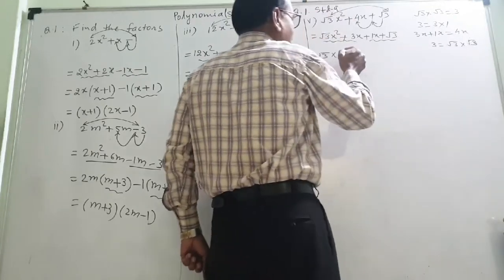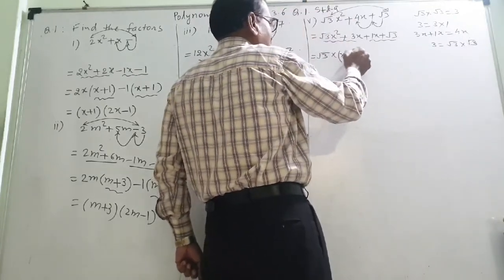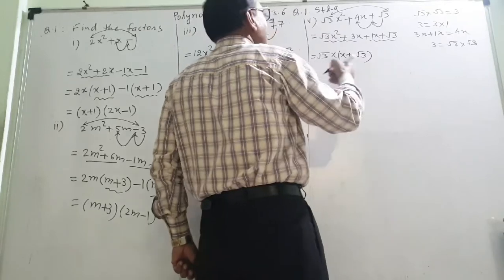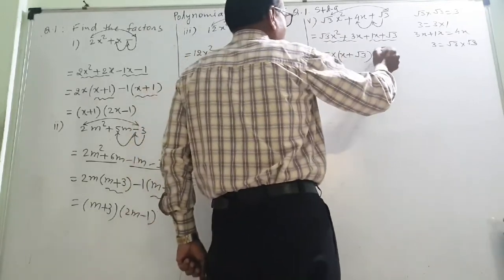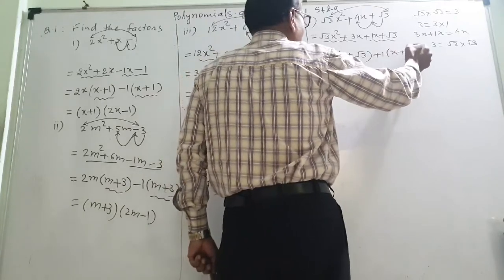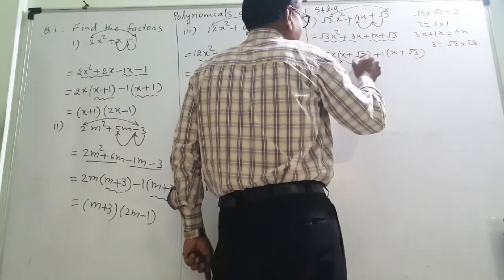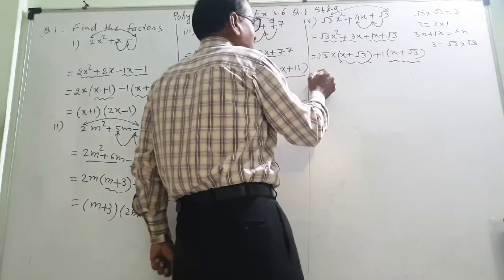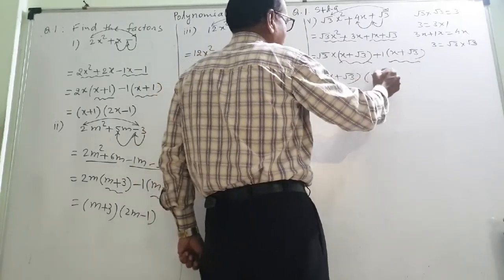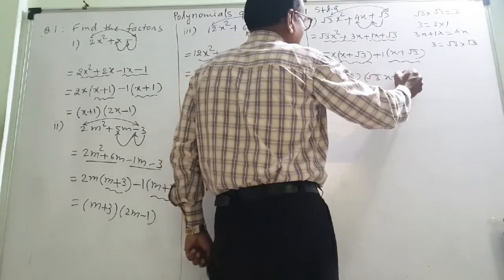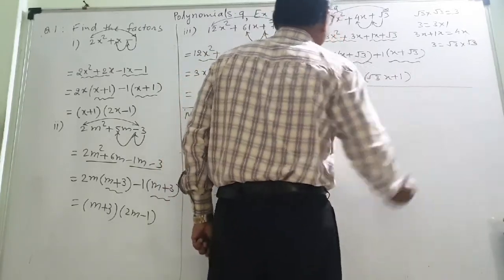This root 3 will remain. So here x plus here root 3. Here it is x into x. X will remain. Plus here 1 and x plus root 3. See that the brackets are equal. So that is x plus root 3 into another bracket root 3x plus 1. This is the factorization of this.